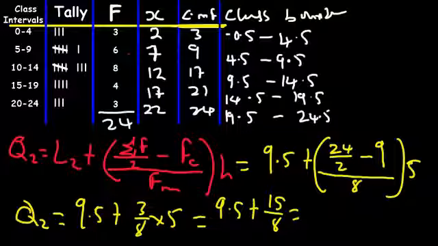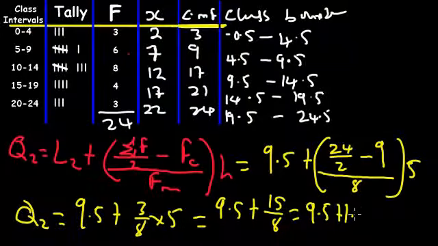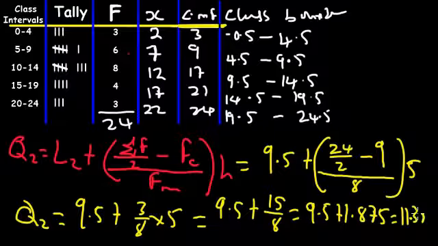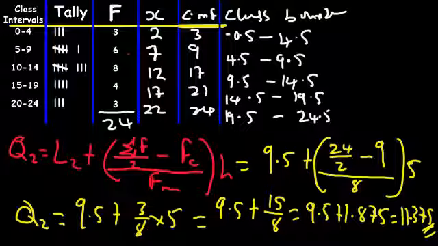So if we have 9.5 plus 1.875, we get 11.375. 11.375 is still within the range of the distribution. So we are good to go with that. So that's how to easily find the quartiles for grouped data.